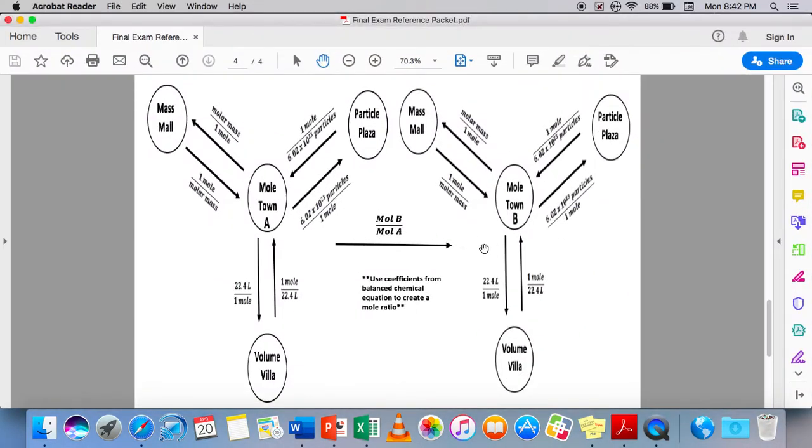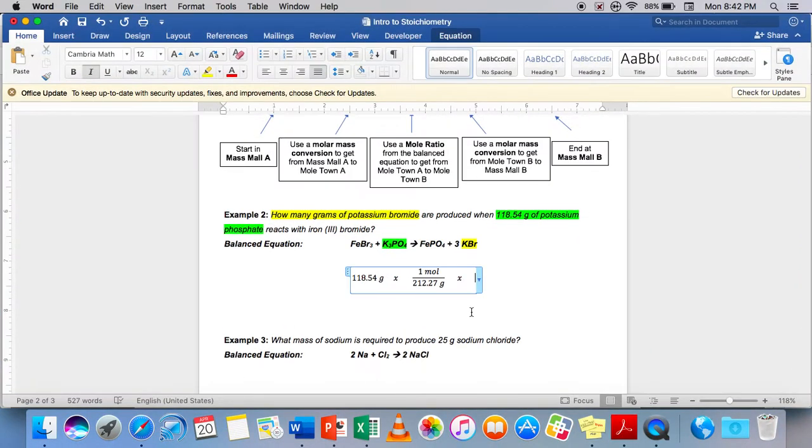Moles of B divided by moles of A, if we follow our arrow from mole town A to mole town B. So this is where the coefficient comes into play. You never use the coefficient for the molar mass. You only use the coefficients in the mole ratio.